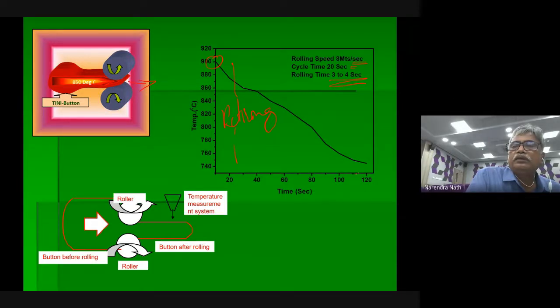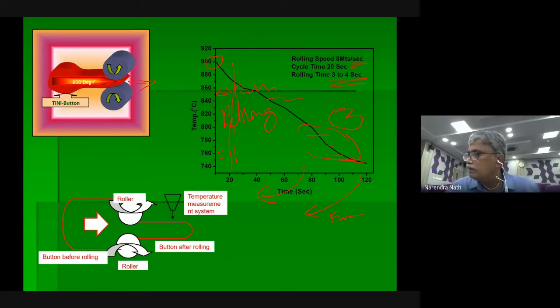By this time it should go back to the furnace, as quickly as possible. Before the temperature drops further, rolling should happen. If you roll somewhere here, you can see cracks on the button. So this is the rolling procedure.